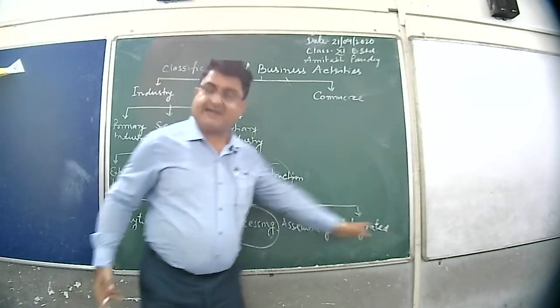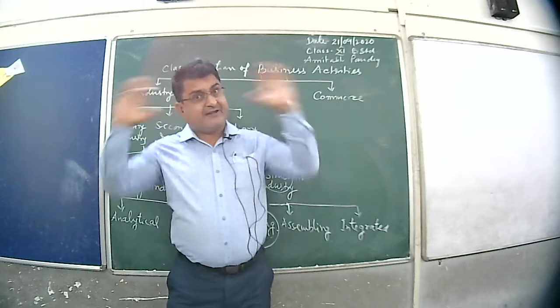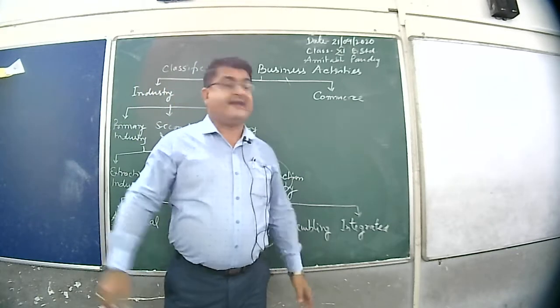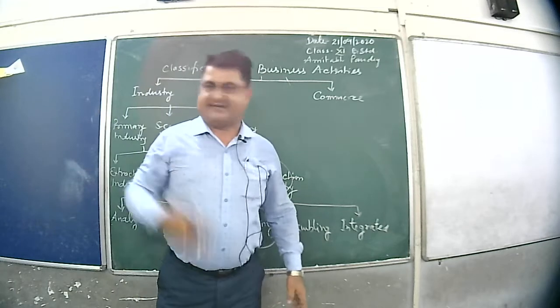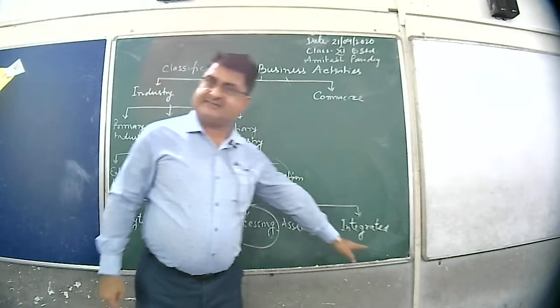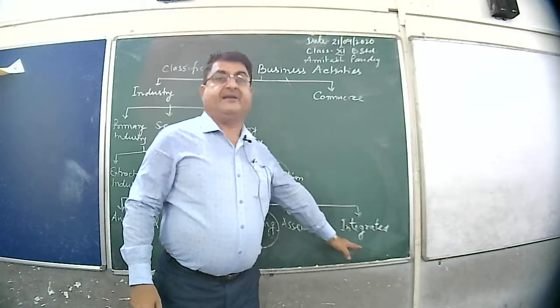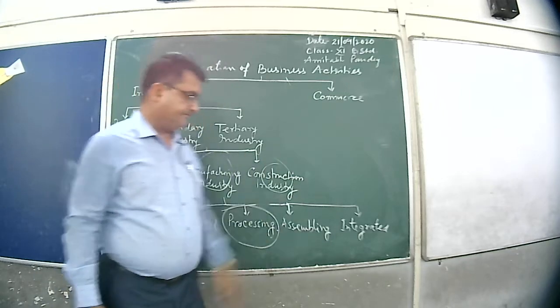As for the integrated process, it is the integration of entire activities, where all these activities happen together under one roof. That is called the integrated process. And this integrated process is also part and parcel of the manufacturing processes performed by these manufacturing industries.